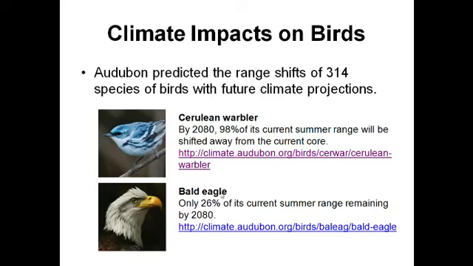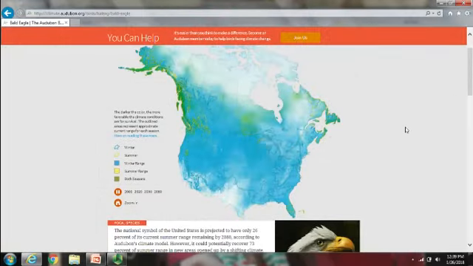Okay, so let's see what's going to happen to our national bird, the symbol of the United States. Only 26% of its current summer range will remain by 2080. And again, most of these birds are moving north. So let's have a look. Look at this.